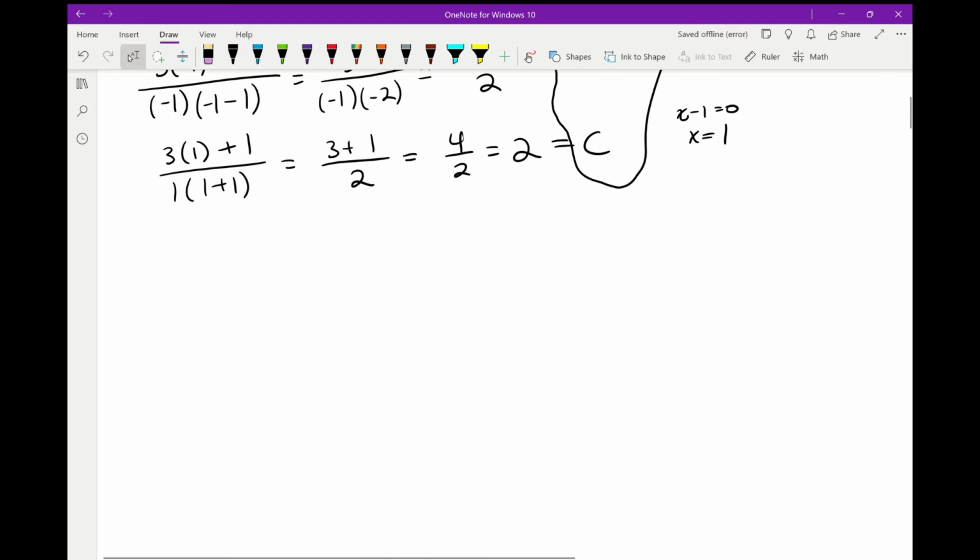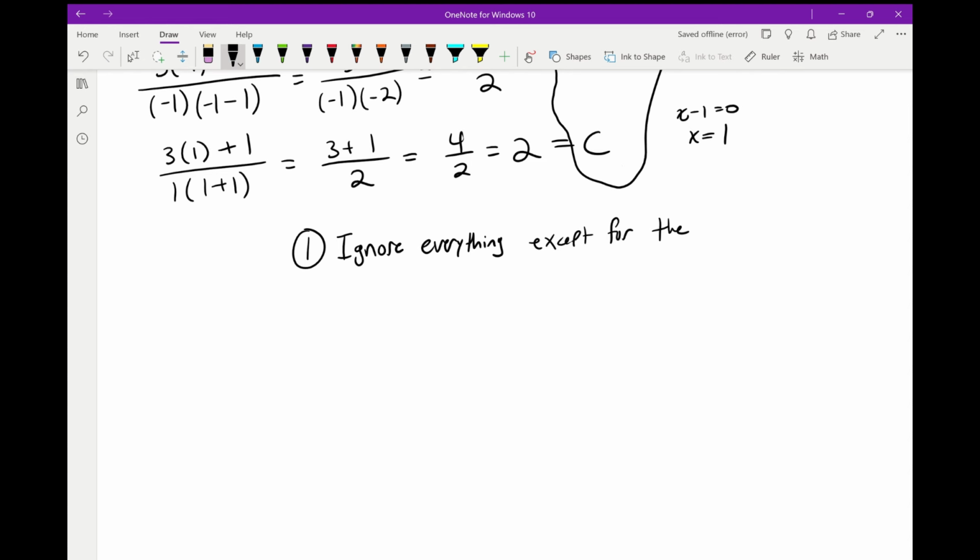So, writing down a list of steps to remember: the first thing is that you ignore everything except for the thing you're solving for.